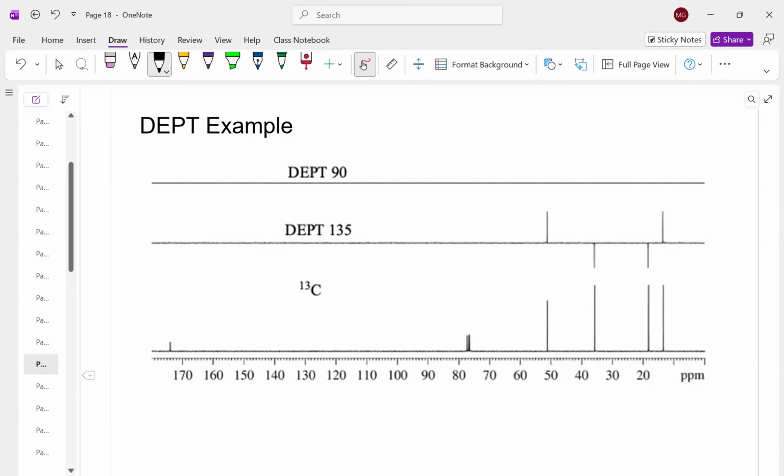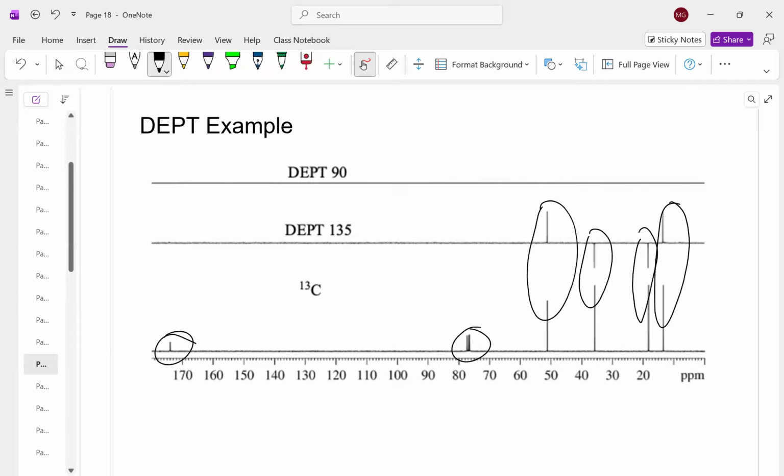Now, the way that we line this up is that these signals here represent the same thing, and so on here. Now, what are these signals here that don't have any corresponding signals in either the DEPT 90 or 135? Those represent carbons with no hydrogens. Same thing with this and with this.